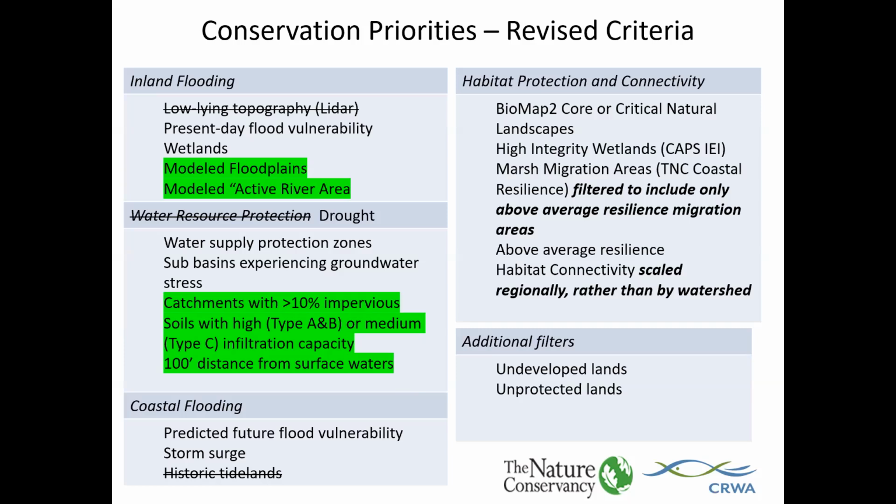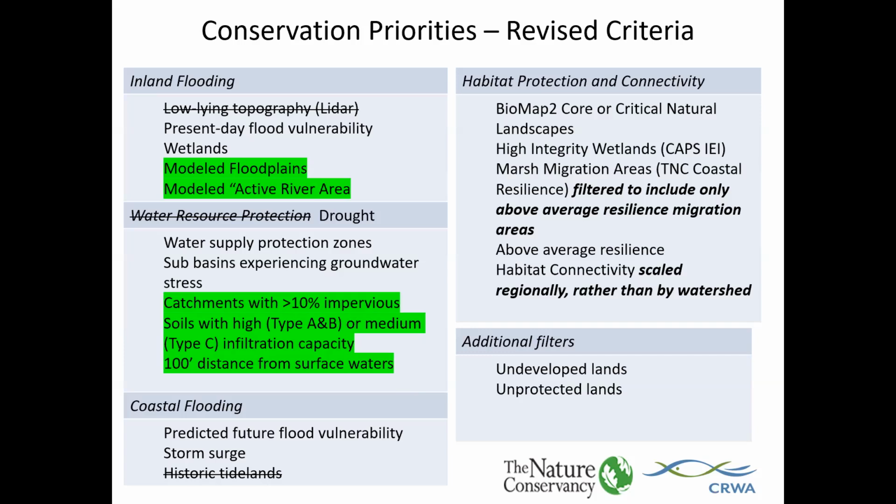One is a model of floodplains that was developed by TNC and some academic and floodplain mapping consultants, a 30-meter modeled floodplain. And this modeled active river area is another model that captures really functional riparian buffers, places that impact the natural processes of the river.